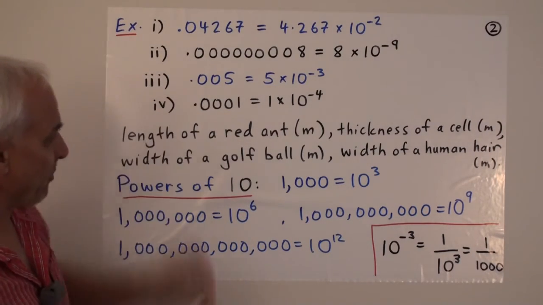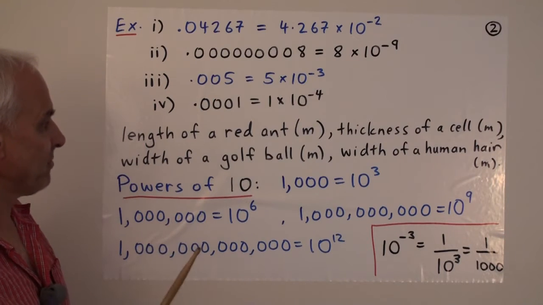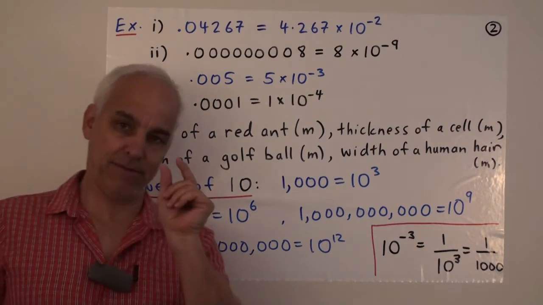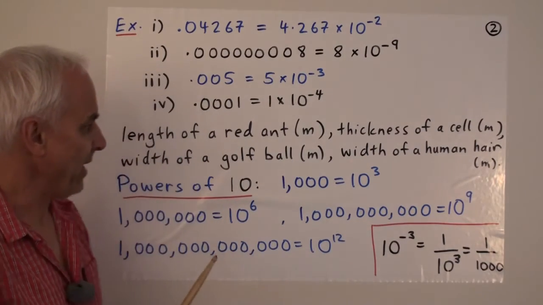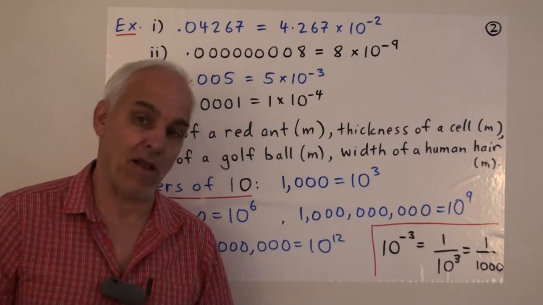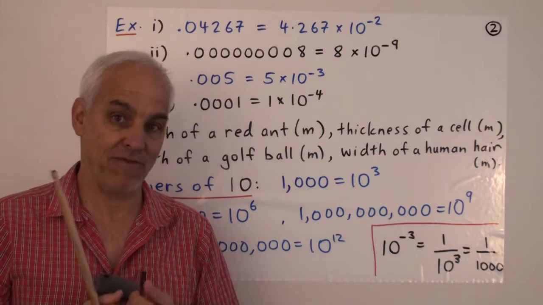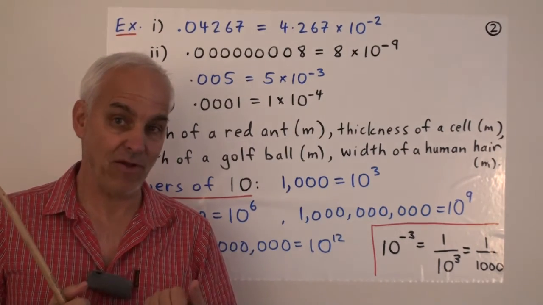And in fact, these numbers come from real life in some sense. So one of them is the length of a red ant. And another one is the thickness of a cell. Remember we talked about how we have many, many billions of cells in our body.